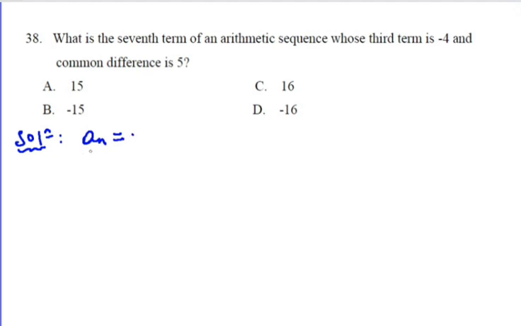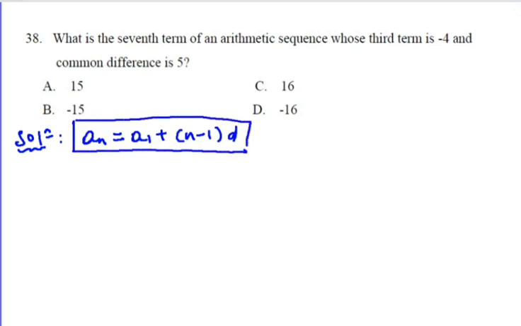The nth term of an arithmetic sequence is given by a_n = a1 + (n - 1)d, where d is the common difference, a1 is the first term, and a_n is the nth term. In this case, the third term is -4, meaning that based on this formula, the third term is a1 + 2d.